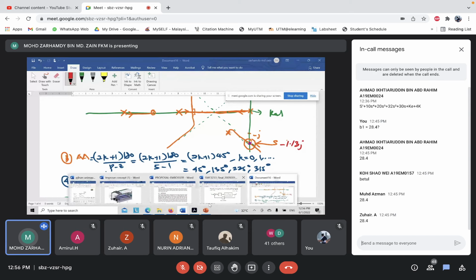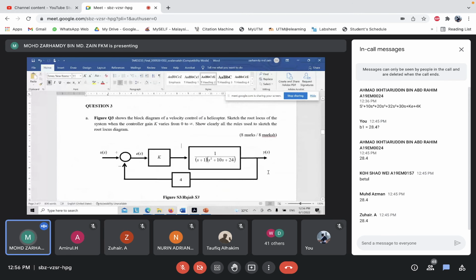So I will show you one example. If you can see here, this is one example in test 1 and final. It looks like this, a similar process in test 1 and test 2. In the final as well, we have 8 marks for how to draw the root locus. Normally students will answer this question first in the final, and test 2 also has this question.